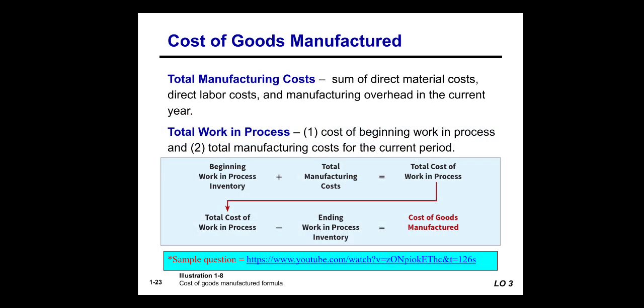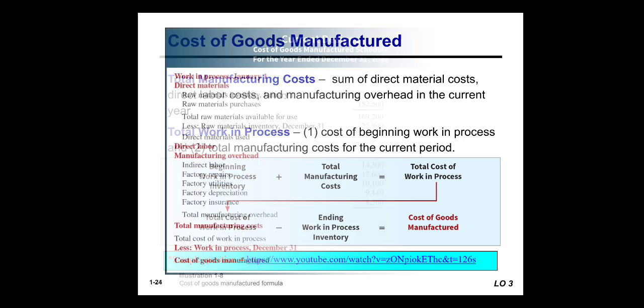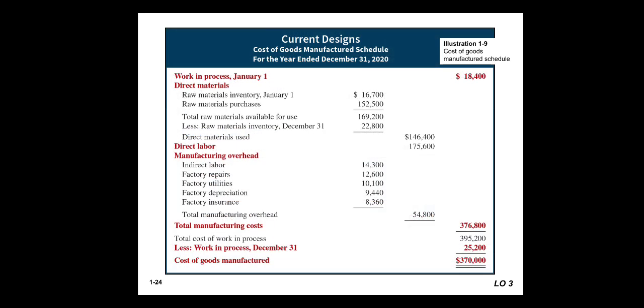As you have seen in the previous slide, when you want to calculate the cost of goods sold, you have to find how much the cost of goods manufactured is. To calculate the cost of goods manufactured, the calculation is not very difficult. Okay, this is the way to calculate the cost of goods manufactured.